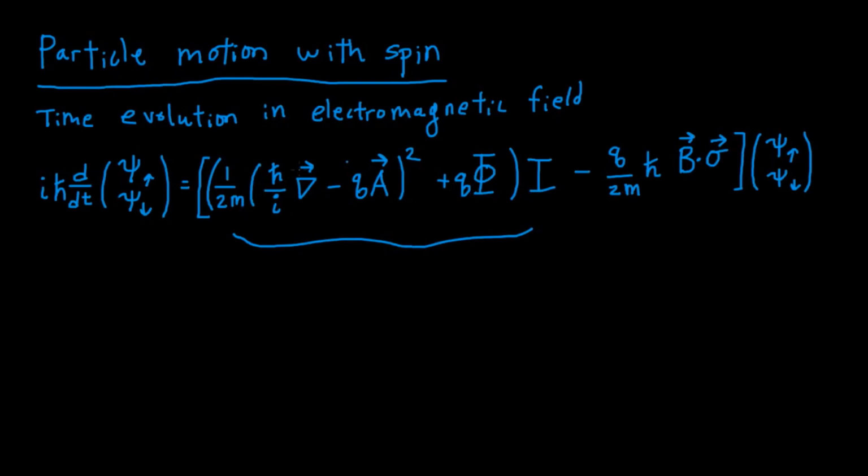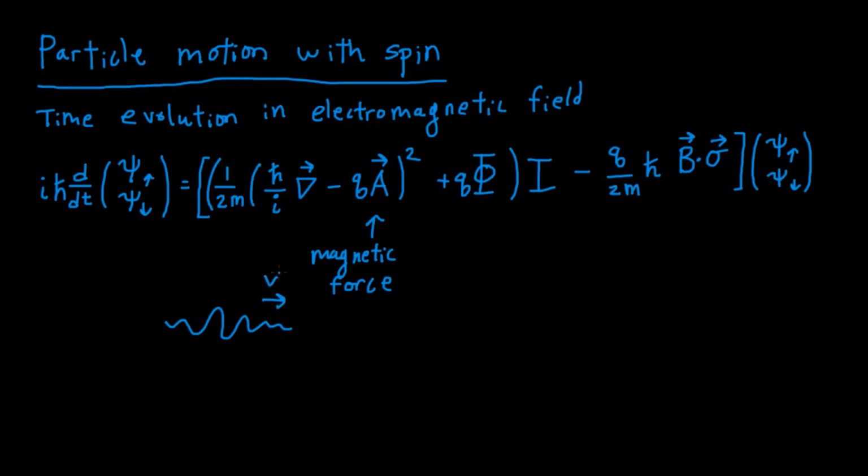Well, if you imagine that you have a little wave packet, this term is basically responsible for the magnetic force, in the sense that if this wave packet is traveling with roughly some velocity and it's in an external magnetic field, then you have the Lorentz force, F equals Q v cross B. This is true classically.